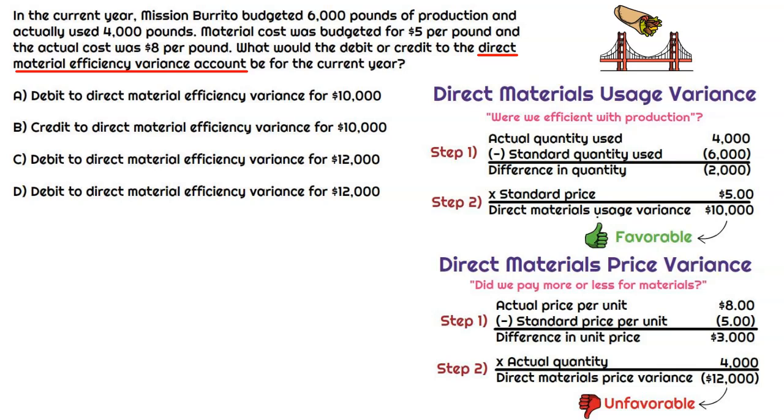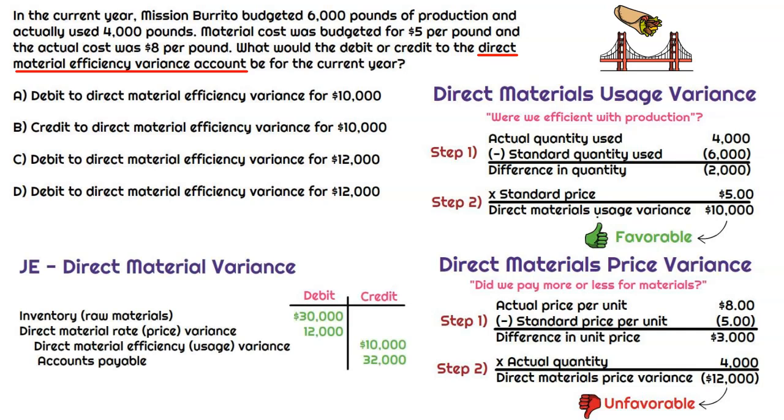So now we know that the actual direct material rate variance was $12,000, and then the direct material efficiency variance was $10,000. So let's build out the full journal entry. So when it comes to recording the purchase of raw materials and capitalizing it into inventory, well, under standard costing, we do it at the standards, right, which would have been 6,000 pounds times $5 per pound.